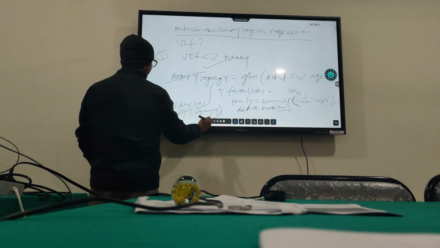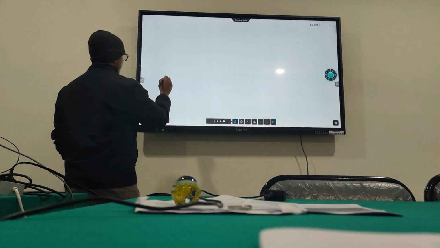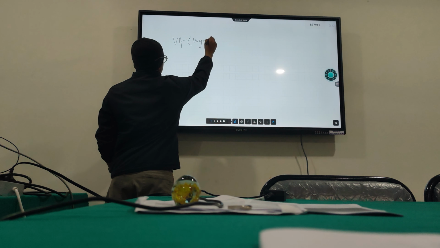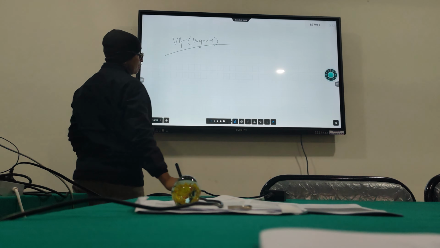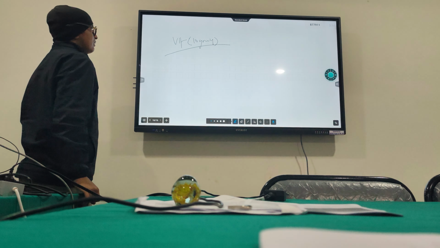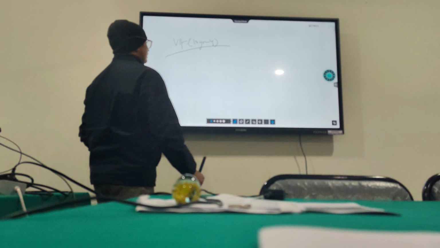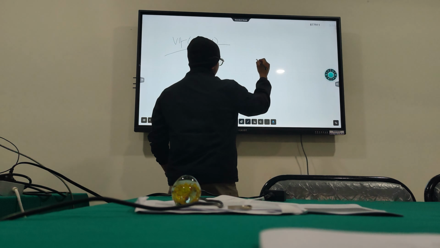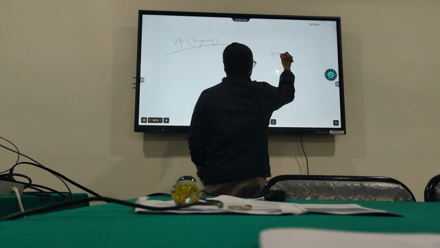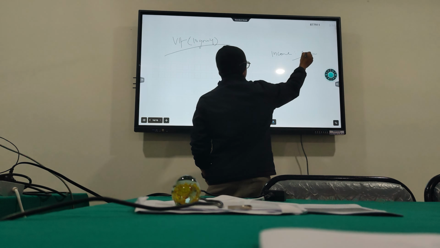You check VIF of log reg 4, and if you find some variable crossing the set standard, greater than 2, suppose income variable has 3.12 VIF. Okay, suppose 3.12.